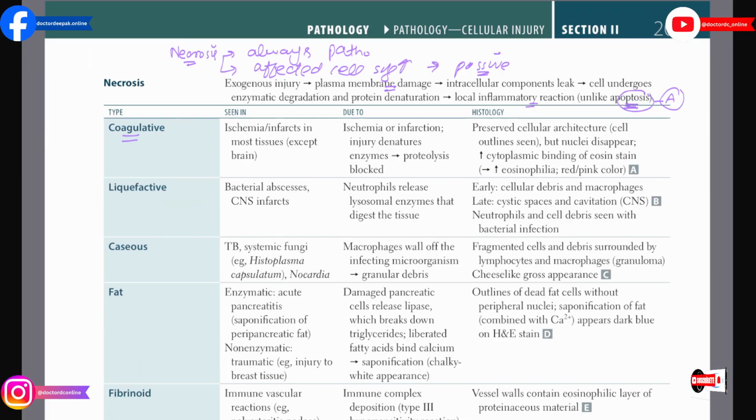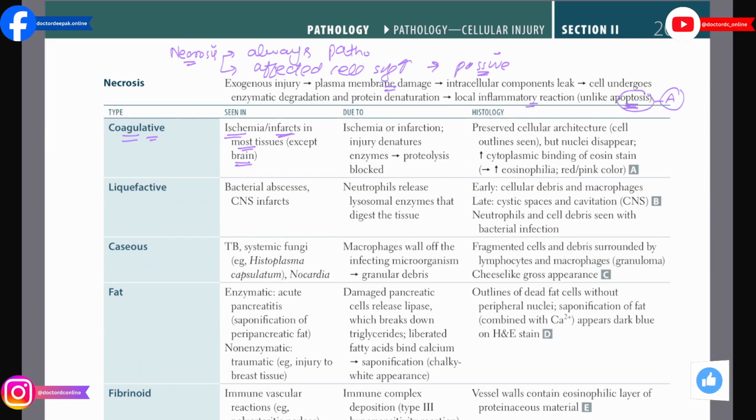You have to keep in mind that in our body, except the brain, everything when it gets ischemia or infection will undergo coagulative necrosis. So it means ischemia and infection in most of the tissues of our body except the brain. In brain, never ever pick coagulative necrosis. In brain, there is no coagulative necrosis.